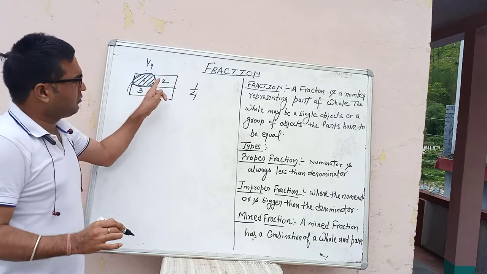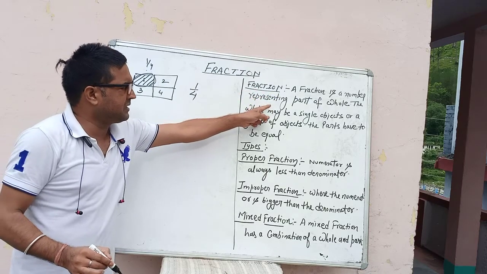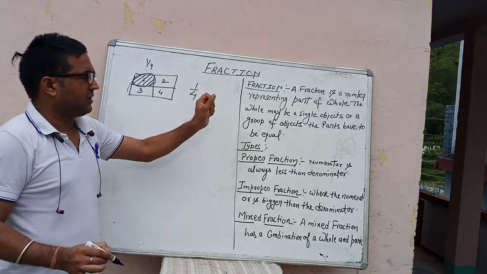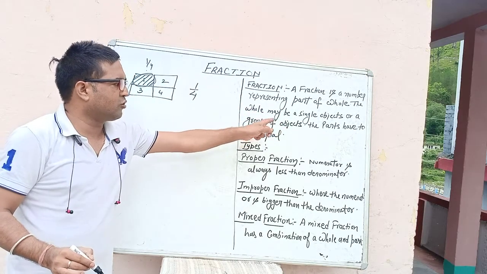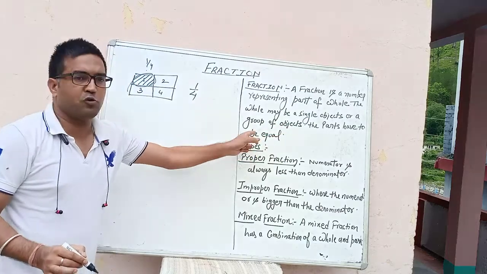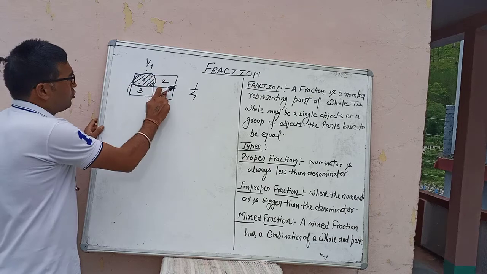So the definition of a fraction is a number representing the part of a whole, and the whole may be a single object or a group of objects, and the parts have to be equal. The condition is that the parts should be equal.